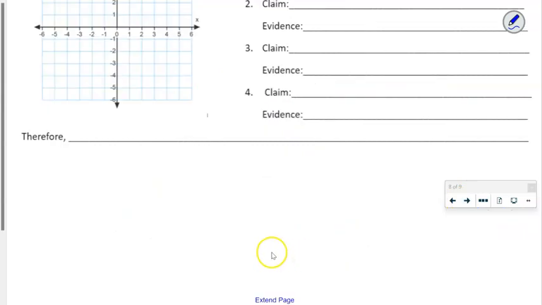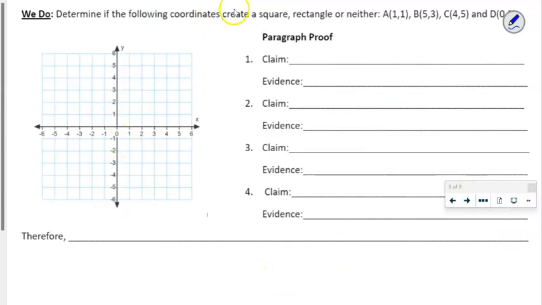Okay? So now let's look at this next one. It says determine if the following coordinates create a square or rectangle, or neither. Okay? So let's plot them. 1, 1 is A. 5, 3 is B. 4, 5 is C. And what is that?